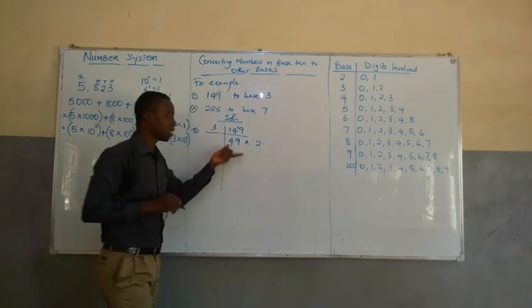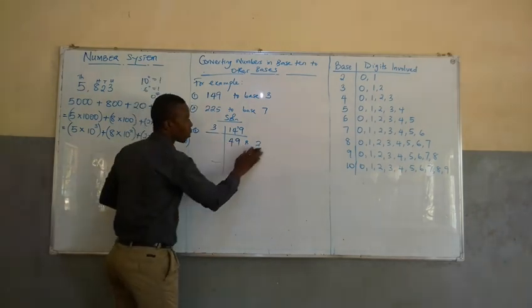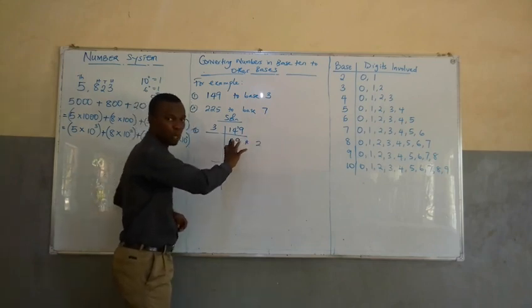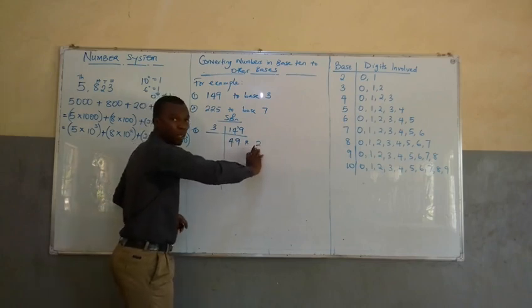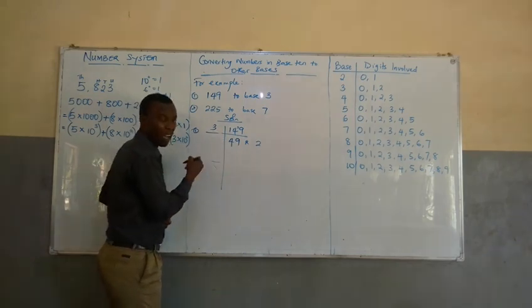That is 3 times 9 is 27. Now I'm going to write the remainder. This is done whenever we are dealing with number bases. So we write the remainder by the side here, and I will continue dividing by 3.